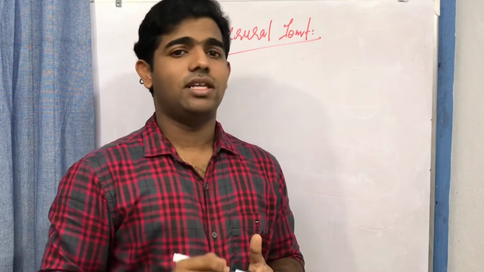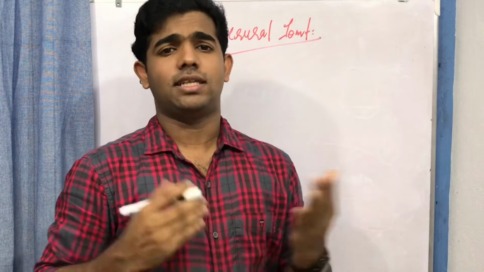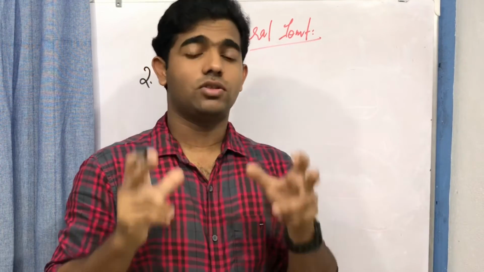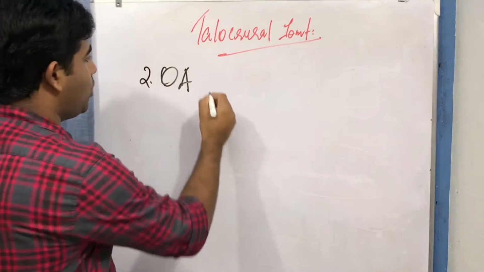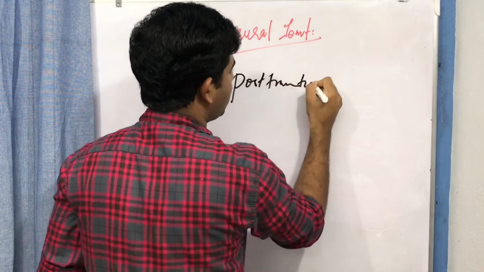So if you suspect any injury, better go to a specialist, either a physiotherapist or a doctor, and get to know what can be done for better rehabilitation, because these structures are very crucial in the stability of the ankle joint, right? So post-traumatic arthritis is most common in the ankle joint.